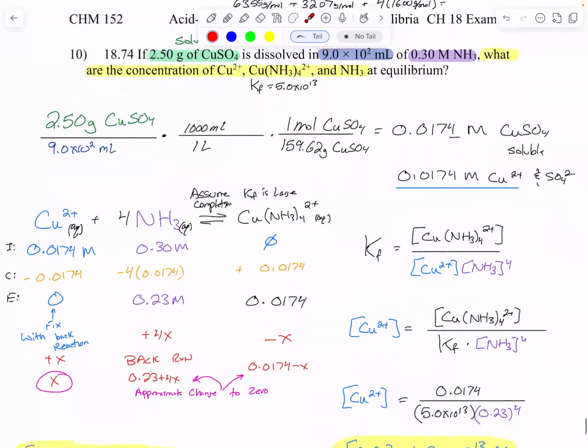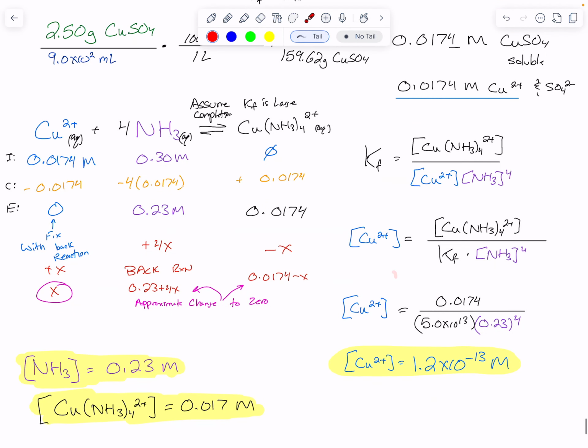So we had a back reaction, and the back reaction doesn't really affect the concentration of the complex ion or ammonia in a measurable way. However, it does give some copper. And so we plug into our equilibrium constant expression, we rearranged, and then we solved, and then we just put everything in the concentrations. Hopefully that works for you guys.